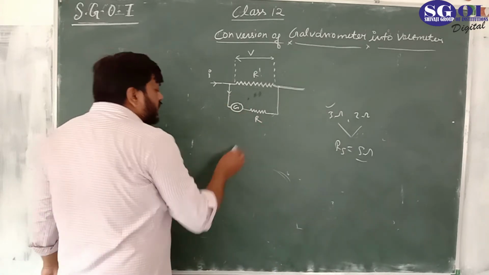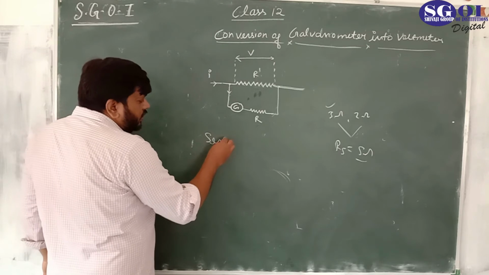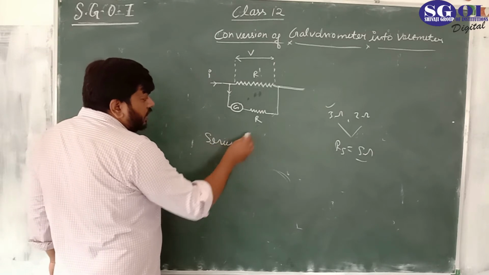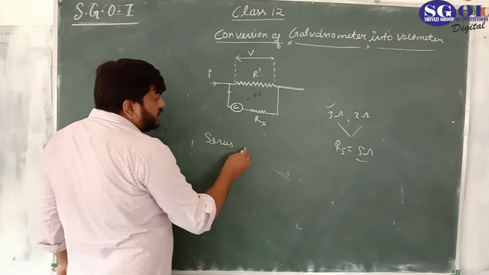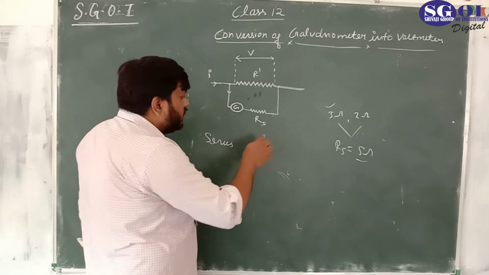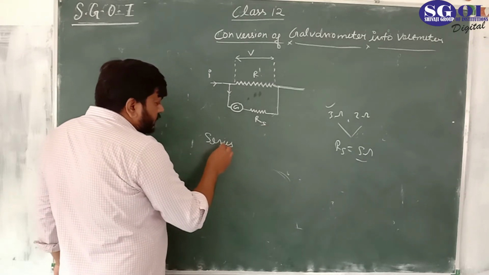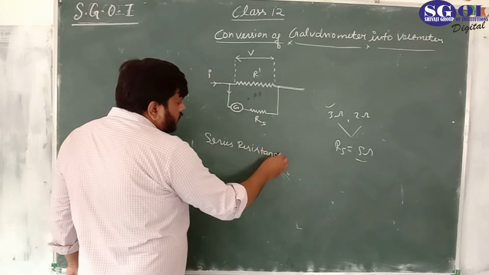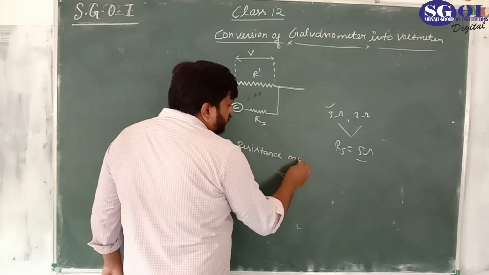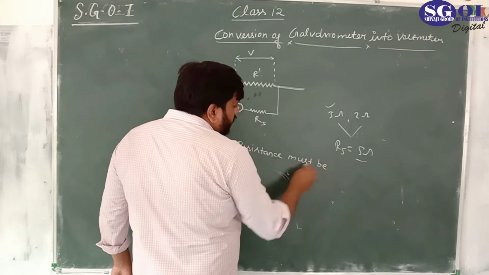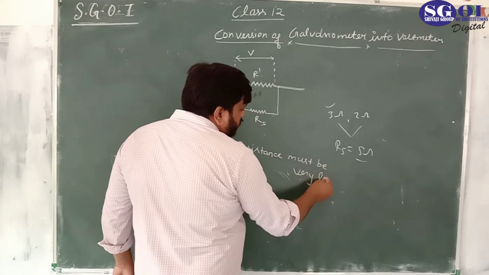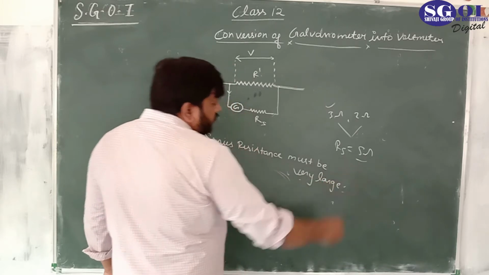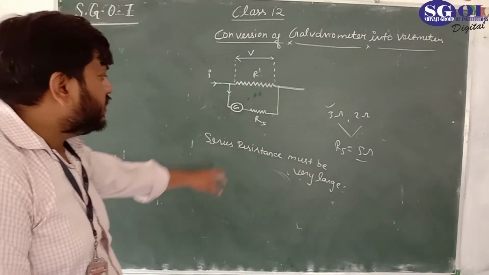So this series resistance, RS, not to be confused with shunt, must be very large.